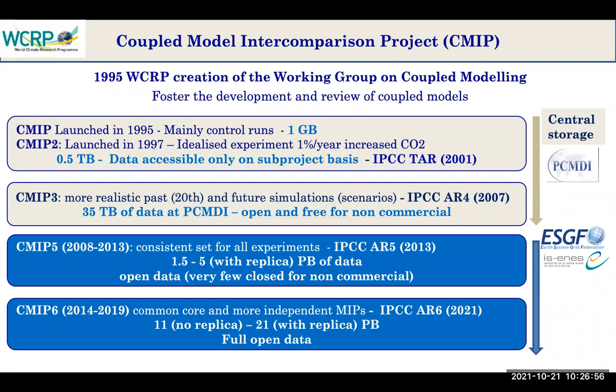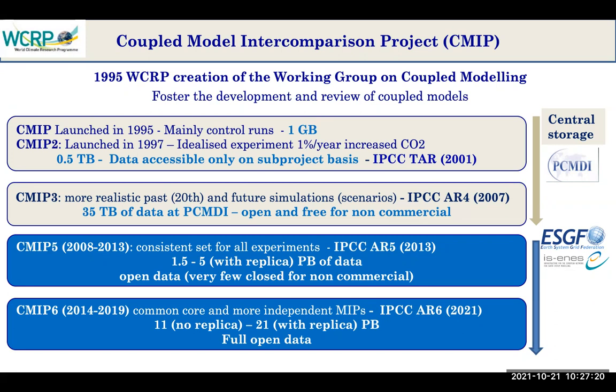And for CMIP6, we reach 21 petabytes, including replicas. So you see that in the 30 petabytes of ESGF, CMIP6 is now the biggest contribution with 21, CMIP5 the second with 5, and the rest are other experiments shared within the Earth System Grid Federation.